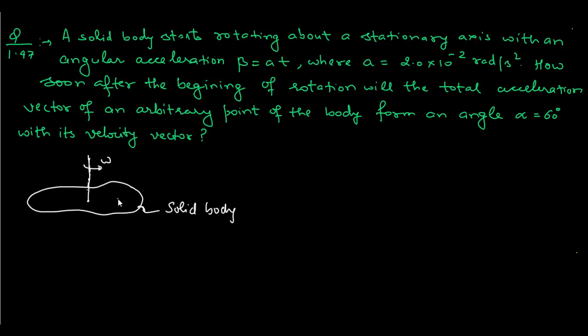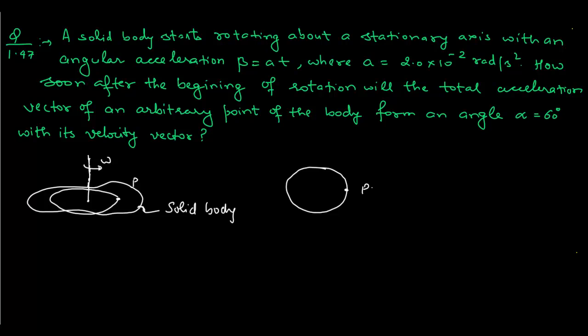Now if I consider this point P, when this body rotates, this point will move in a circle. So I am drawing the circle here. This point P will describe a circle.